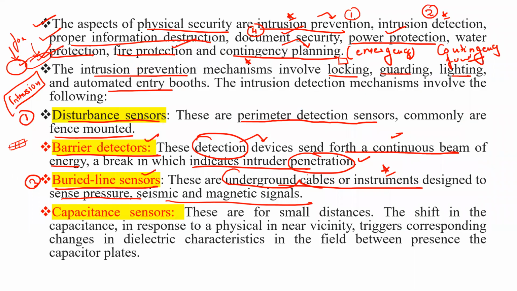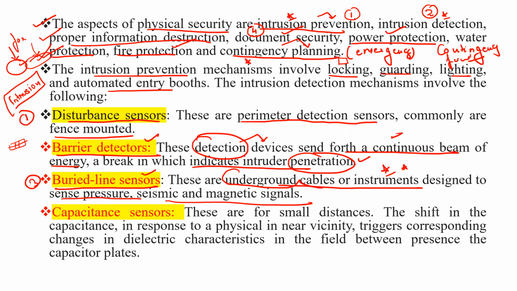Buried line sensors are underground cables or instruments. This is a little bit different, but it has the same technology, and we are able to understand only with these things. They are designed to sense pressure, seismic, and magnetic signals.